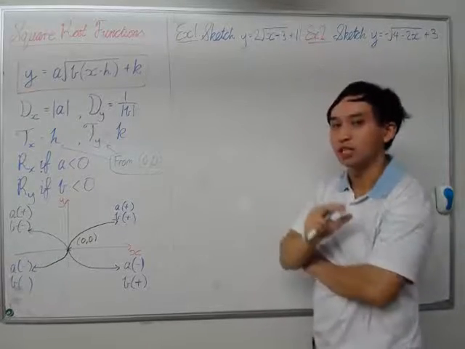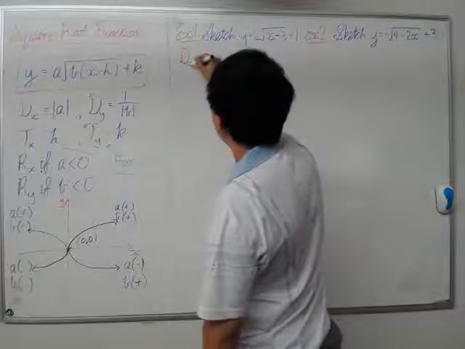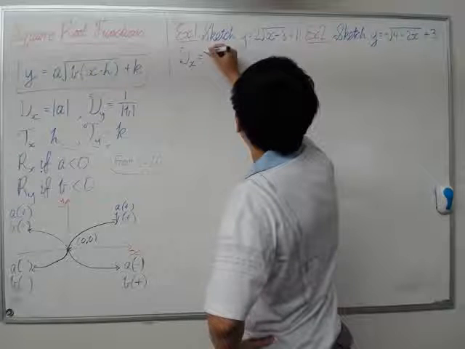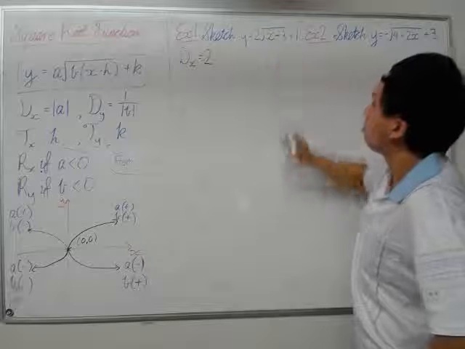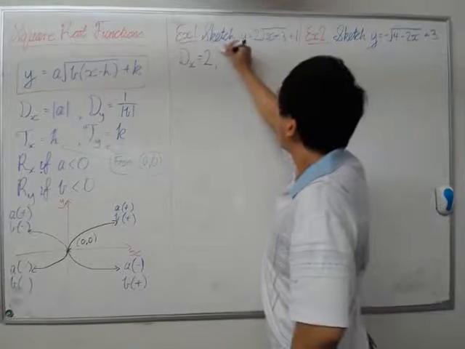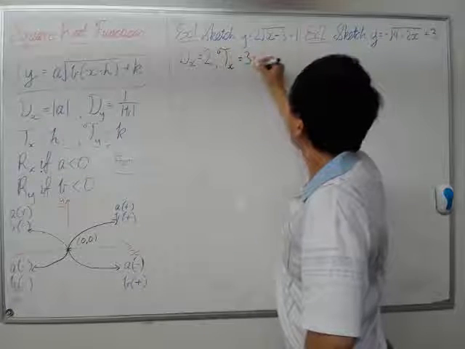Now let's list all the transformations we have. So we have dilation away from the x-axis of 2, looking at this a value. Translation in the x-axis, so horizontal translation is positive 3.